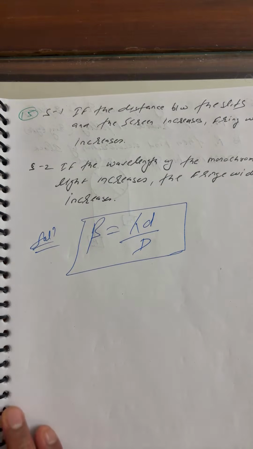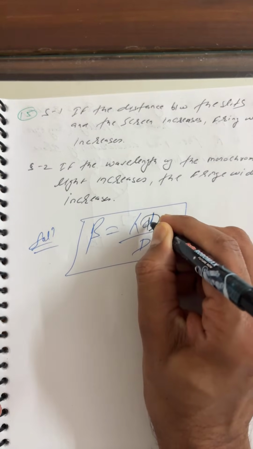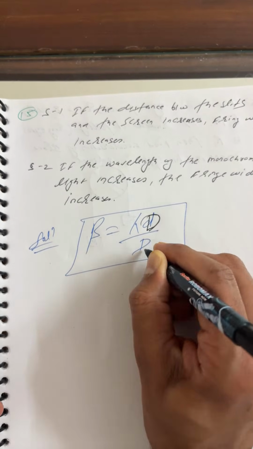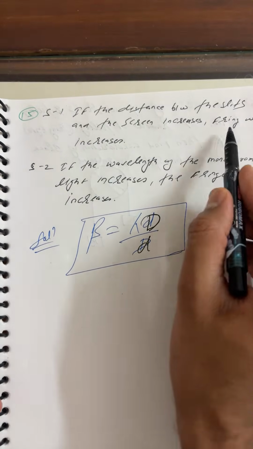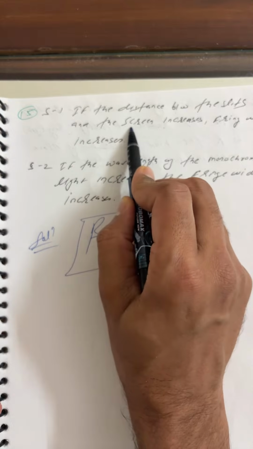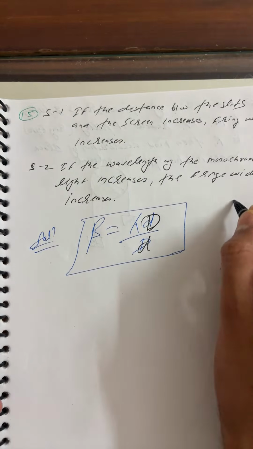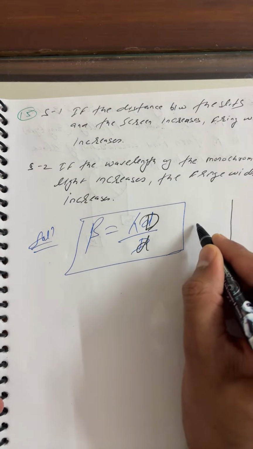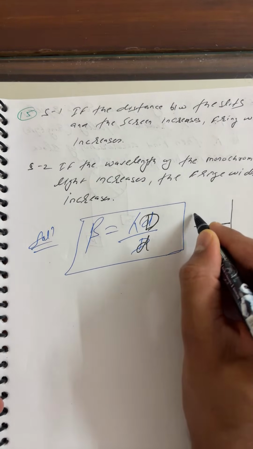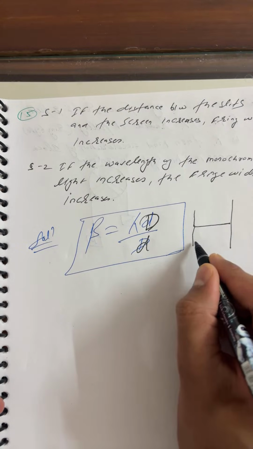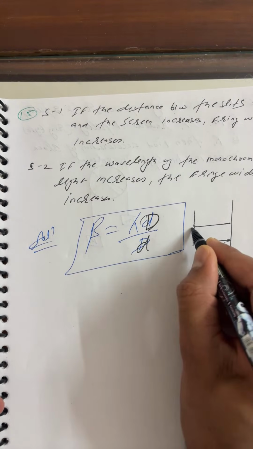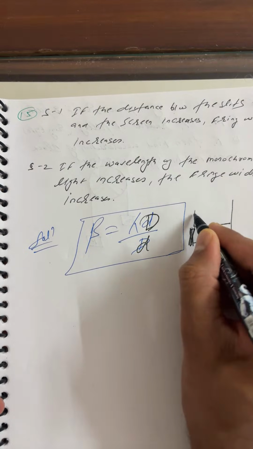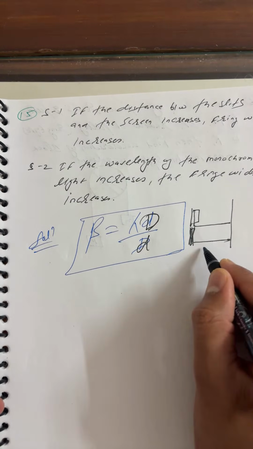So what's in the question? If the distance between the slits and the screen increases, what happens to beta? Beta equals lambda D by d.